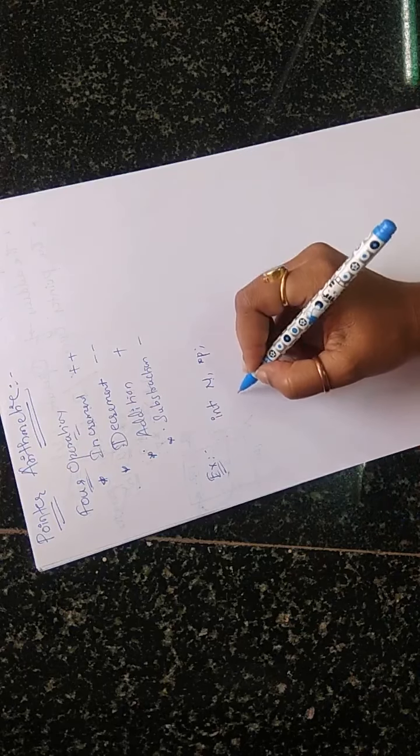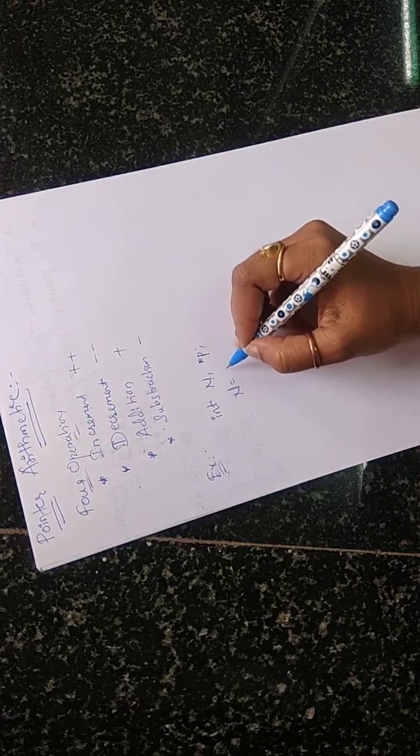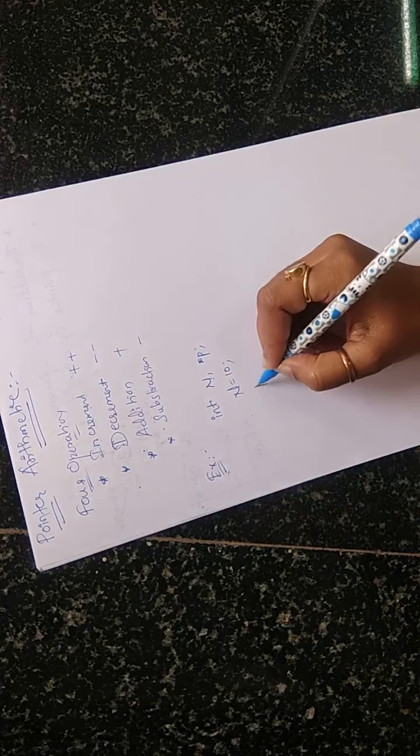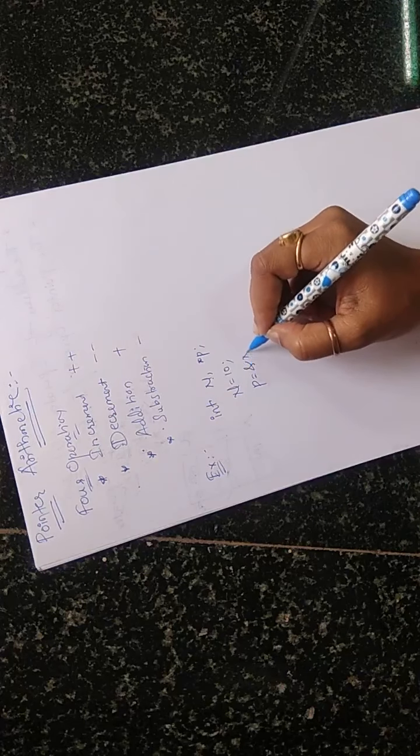Both are of integer data type. Next, I assign a value to n: n = 10. Now I say p = &n.